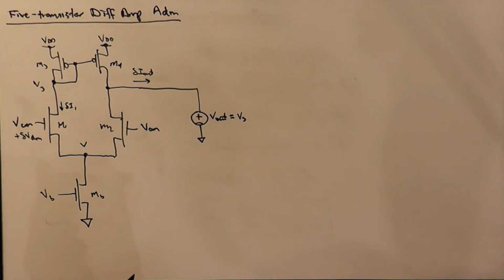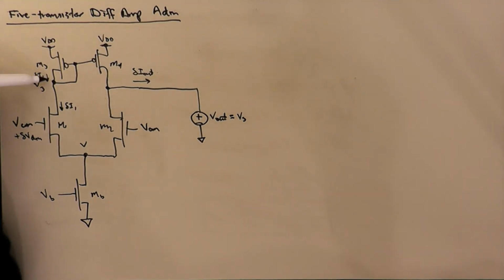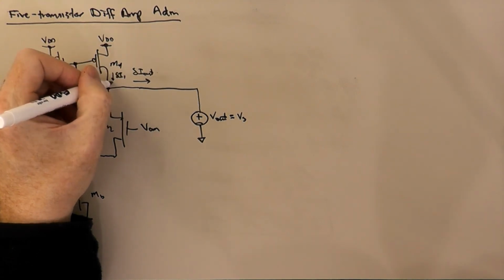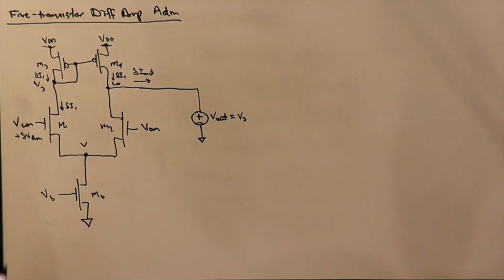But before we do that, we're going to think about what happens to this delta I1 as it flows in the circuit. It has to come from the input to the current mirror. So the current mirror is going to increase its input current by delta I1, and that current increment is going to be mirrored by the current mirror and is going to flow here.